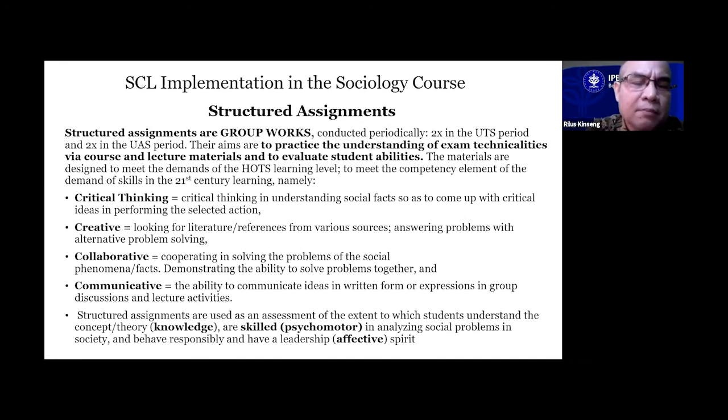And then collaborative, meaning cooperating in solving problems of social phenomena and facts, demonstrating the ability to solve problems together or collectively. Because in many cases it is impossible to solve a problem solely by our own ability. So we need collaboration. This skill is becoming more and more important nowadays.